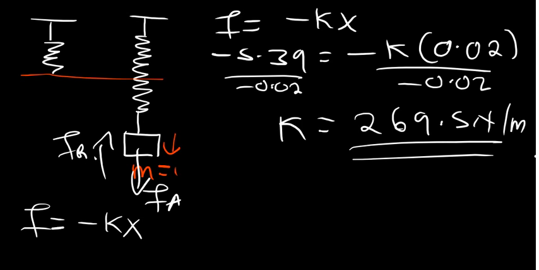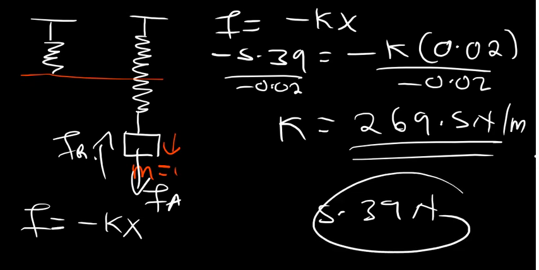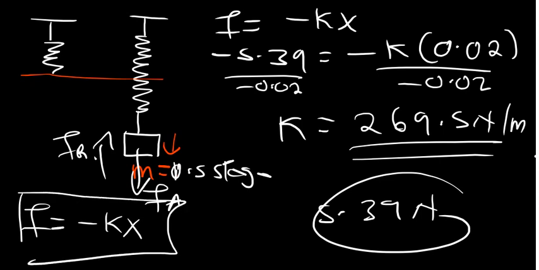The first question, the answer was 5.39 newtons because we used the weight of the mass, the weight of the block, which was 0.55 kgs. Now, in this case, we didn't use this formula because we were not being given the K. Again, the second question was asking us to find the K.